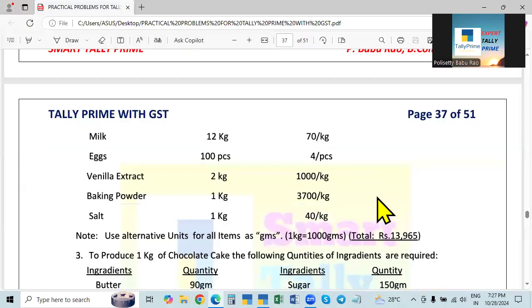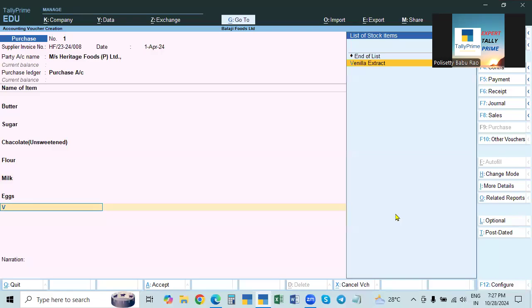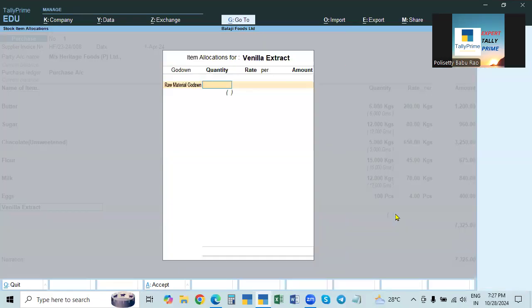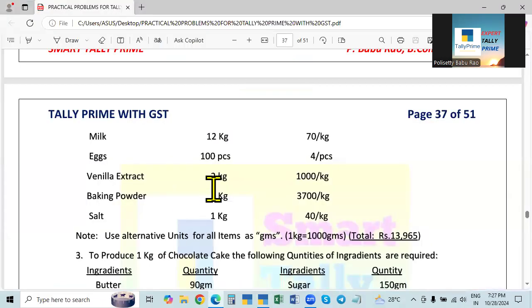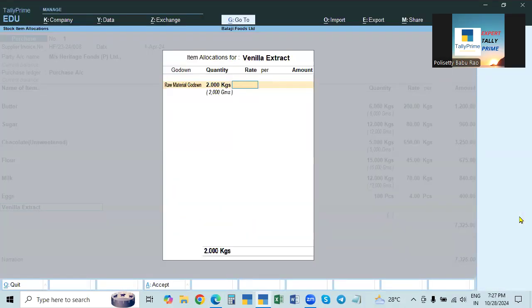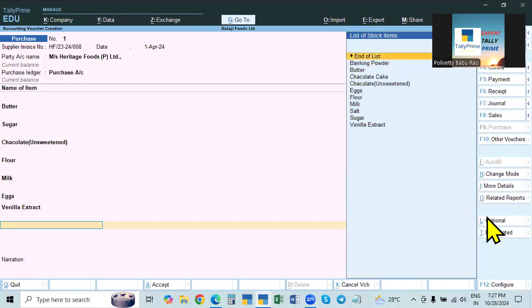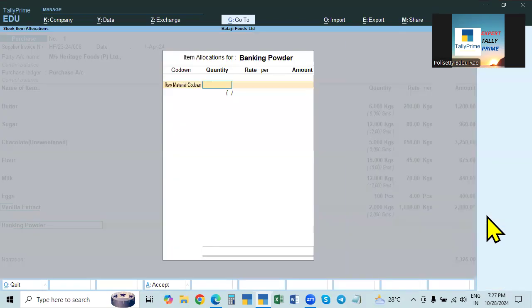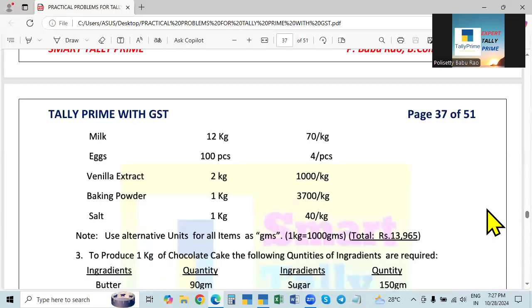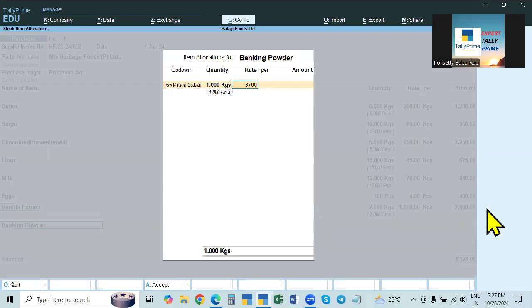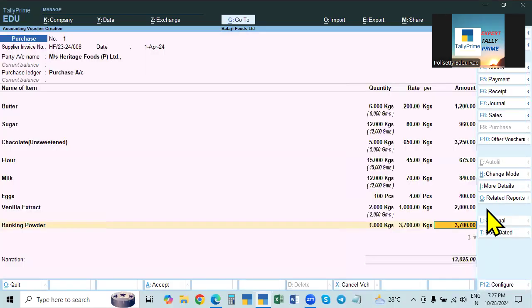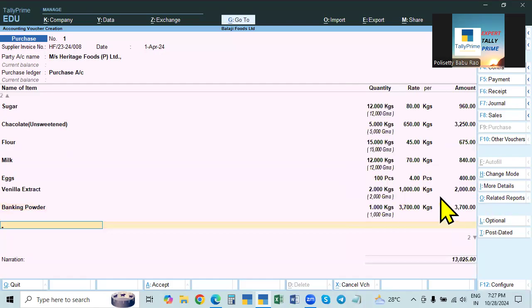Okay, next one is vanilla extract, raw material godown, and the quantity is 2 kg, 1,000 rupees each, 2,000 grams. And the next one, baking powder, raw material godown, 1 kg, 3,700 rupees per kg. 1 kg means 1,000 grams.